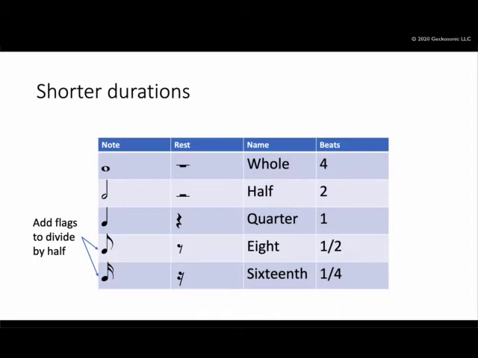And with these divisions like this, either twice as fast or twice as long, people have learned how to communicate music for a long time, for centuries. So it works. And the reason we do it is that we can feel half as long or half as short.